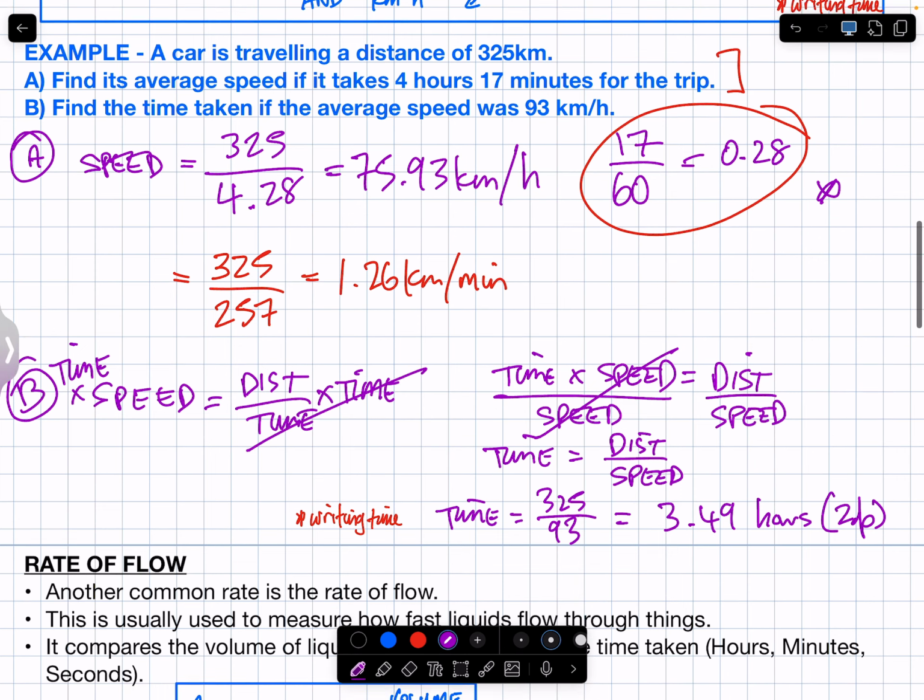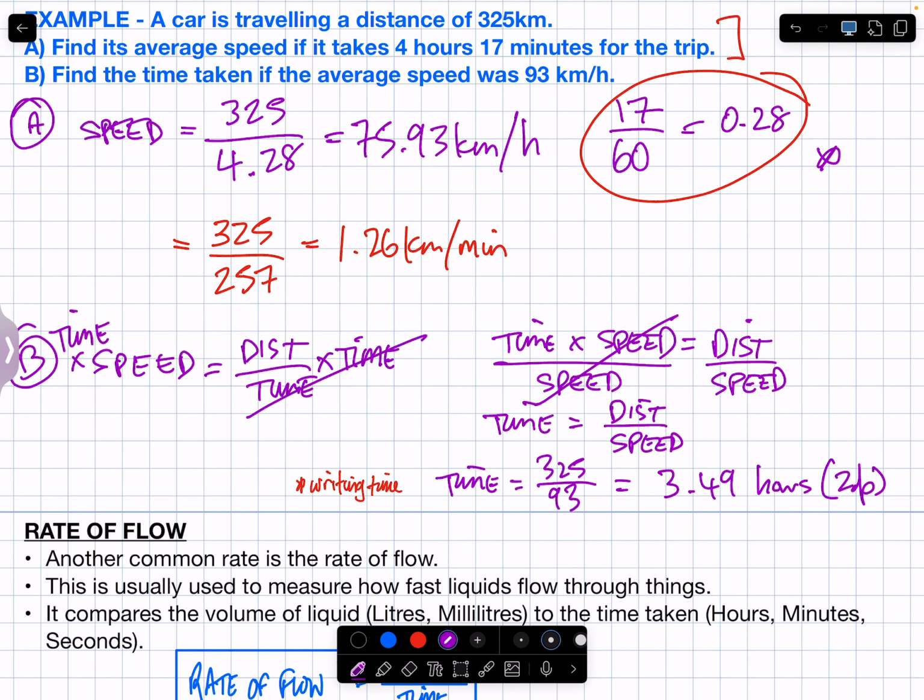Scroll it up a bit so people can see at the back. I'm going to have a heart attack if I scroll this.